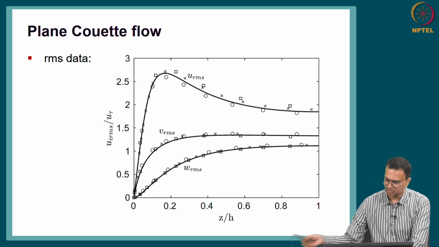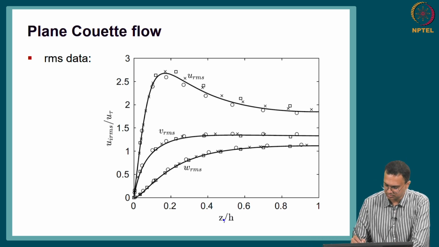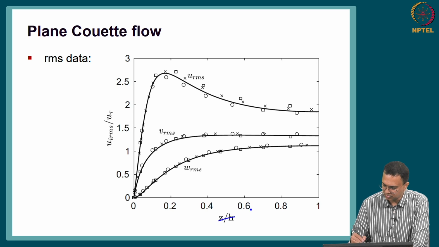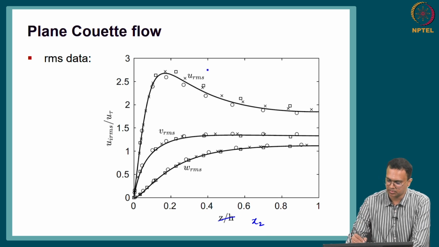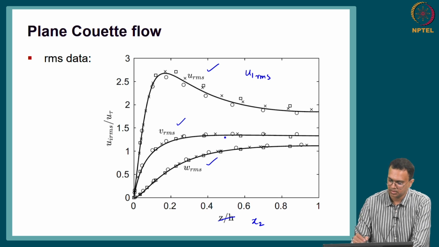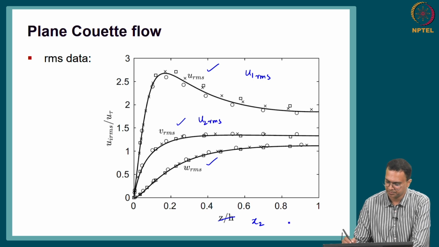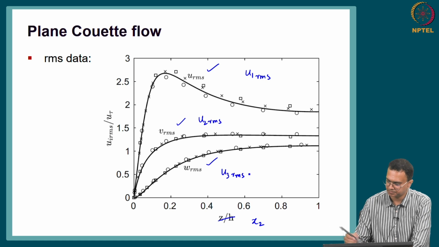This is your wall normal coordinate x2, and I have the three RMS components here: u, v, w. This is your u1 RMS. This v RMS is the wall normal, that is our u2 RMS. This is the u3 RMS.